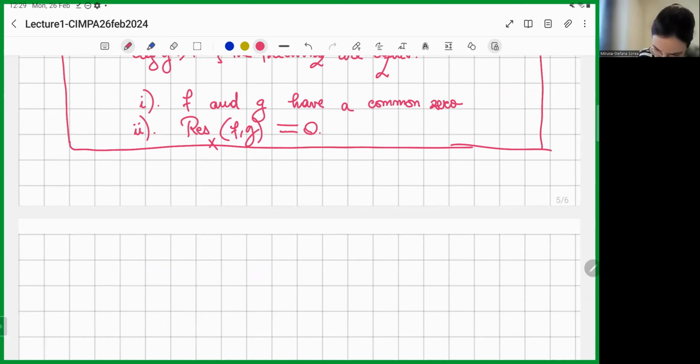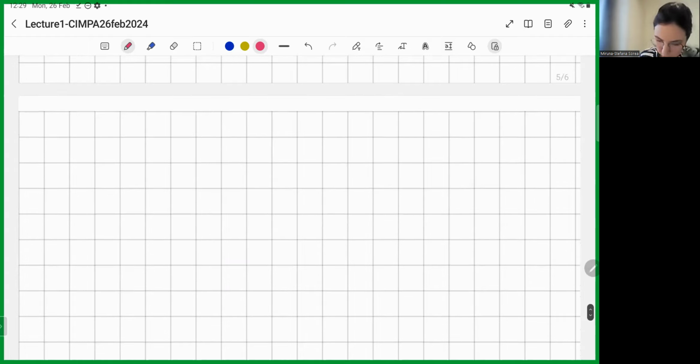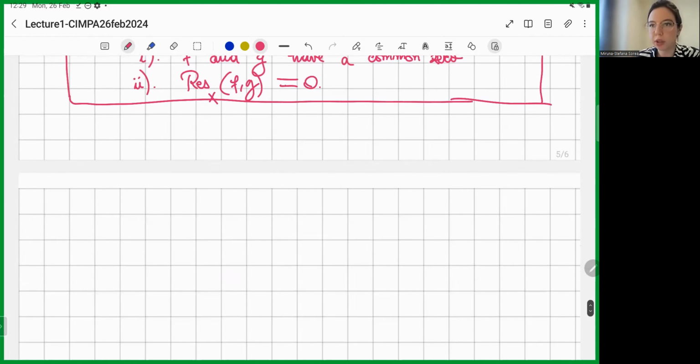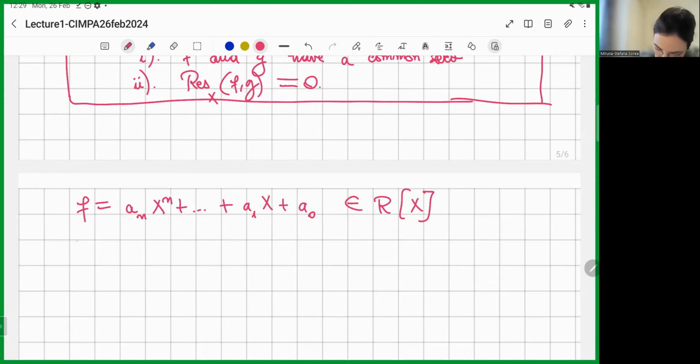So if we take a special case, where g is the derivative of f, so if we have f, let's write formally, an x to the n plus a1 times x plus a0, again, the general case with this ring, and f prime, we consider n times an times x to the n minus 1 plus a2 x plus a1.